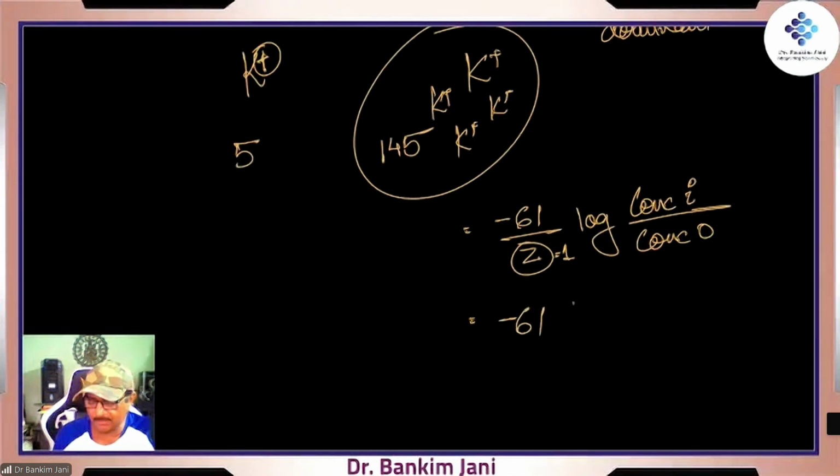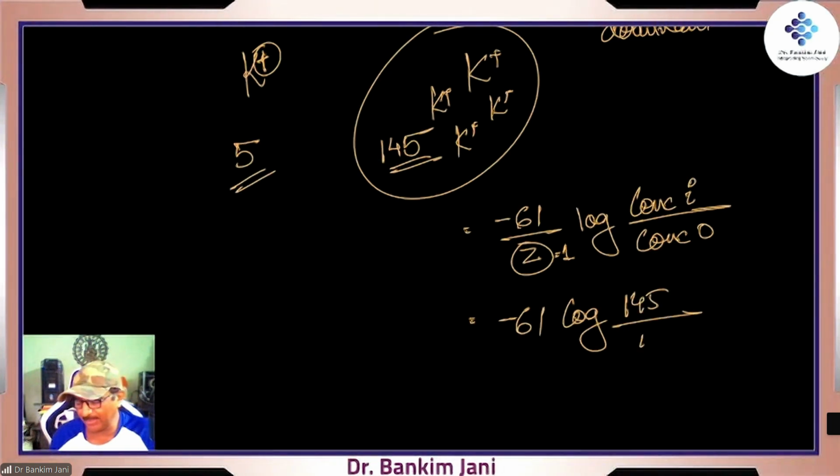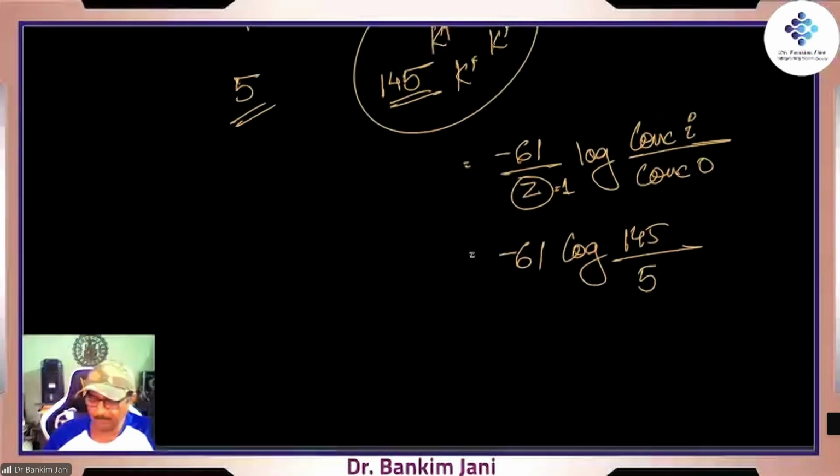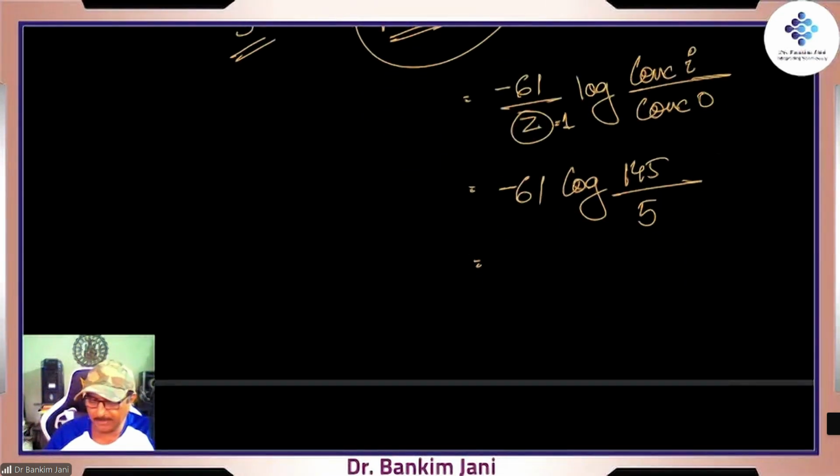It is minus 61 log of concentration inside, which is 145, upon concentration outside, which is 5. So over here, this is minus 61, and the log of 145 upon 5, so this will be 29.